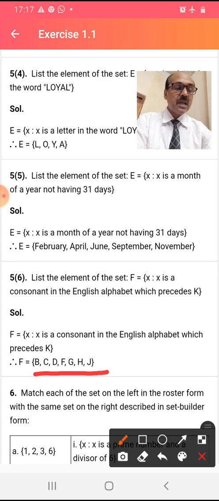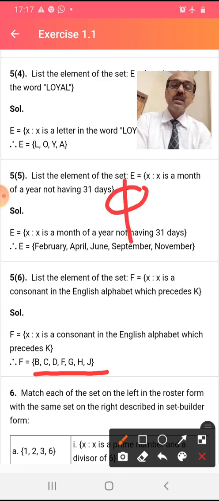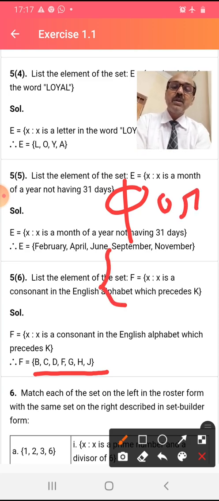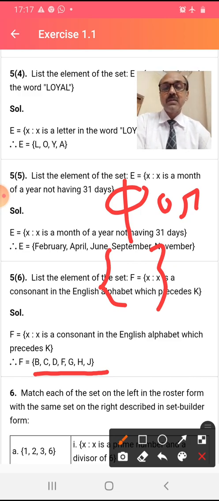Without element, it is an empty set, denoted by phi or brackets only without element. This is the empty set or null set, we can say.